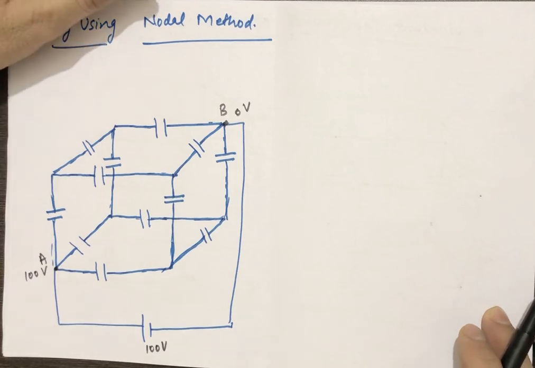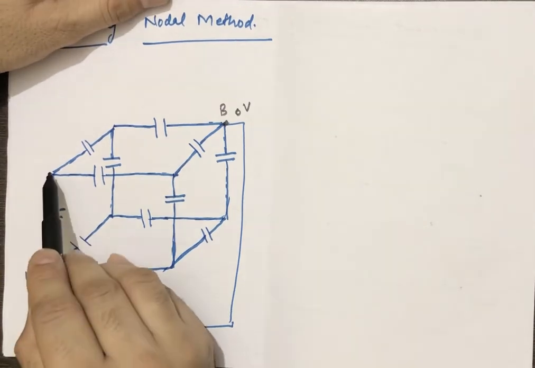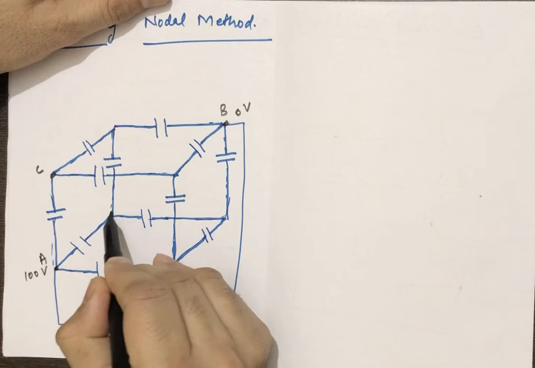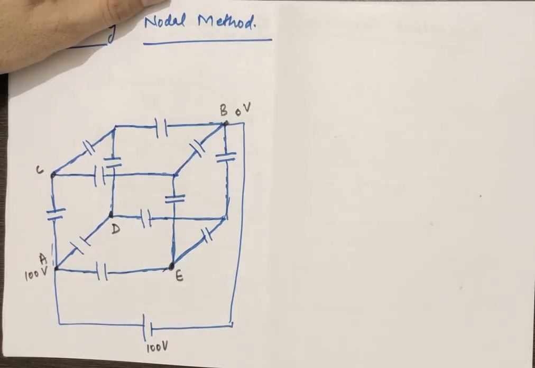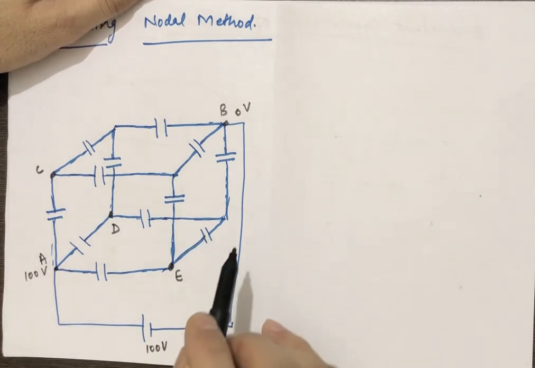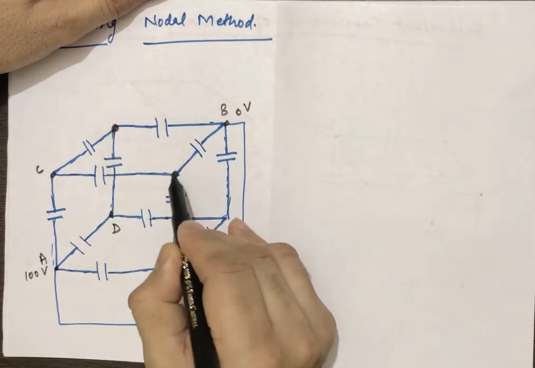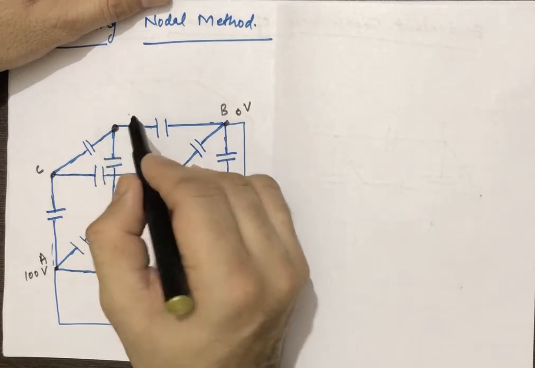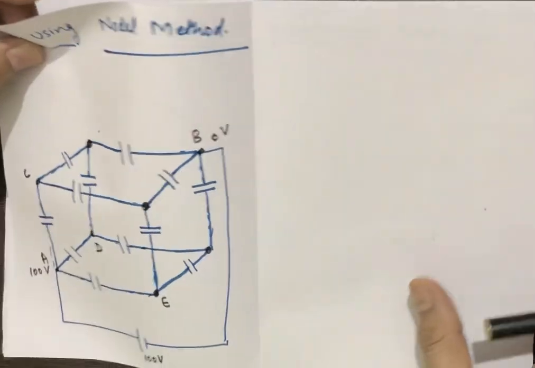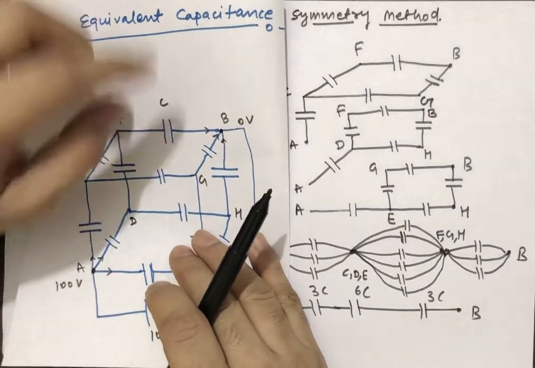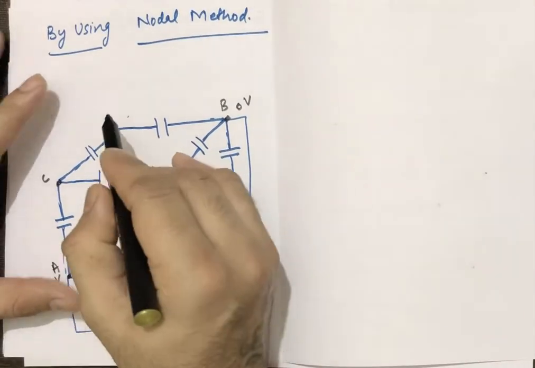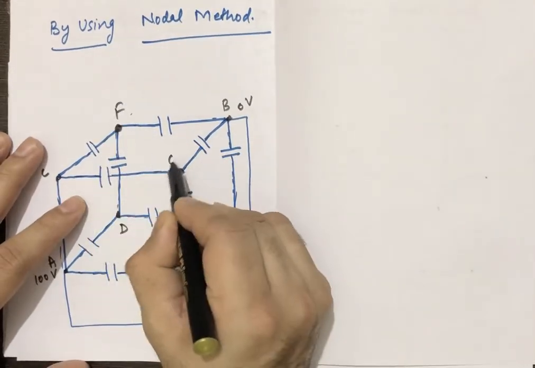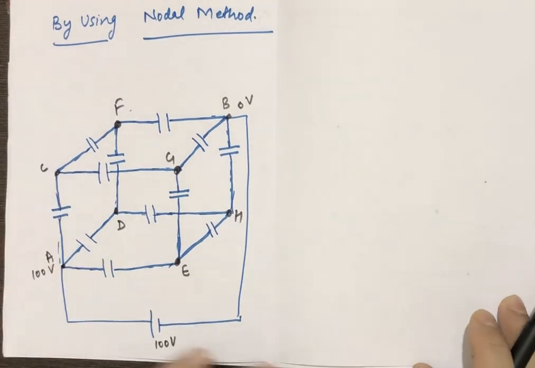By the symmetry, we have seen that these 3 points, C point, D point, and E point, have the same potential, right? And these points we have named F, G, H. They have the same potential.